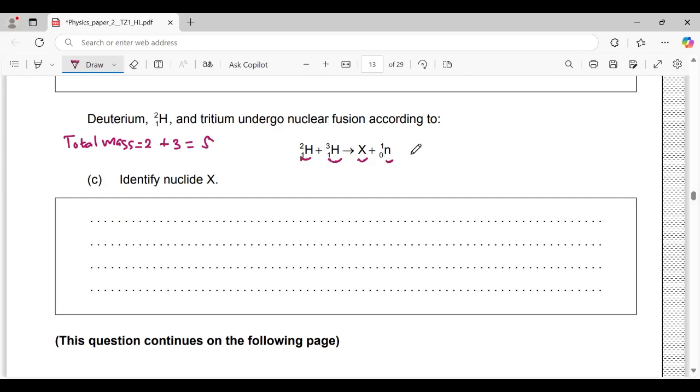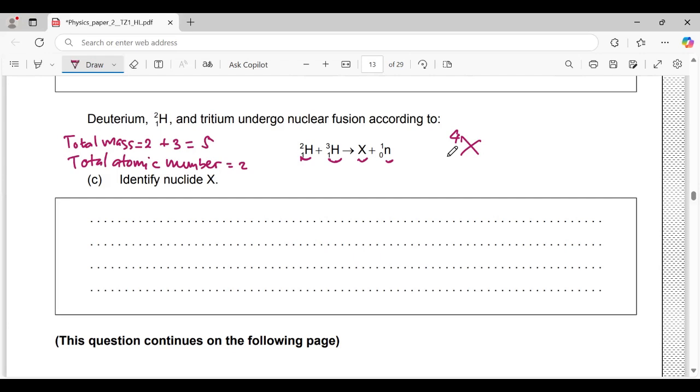Next, on the right side, the total atomic number should be 2. So the total mass of X should be 4, because 5 minus 1 equals 4.